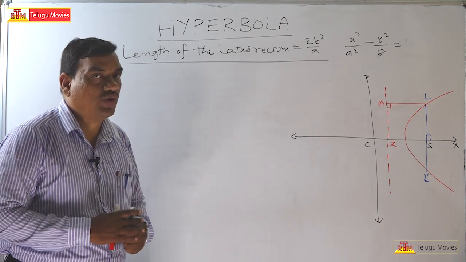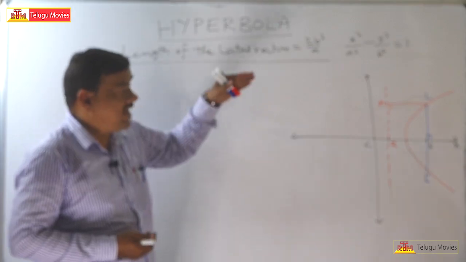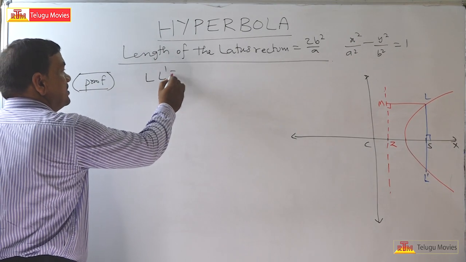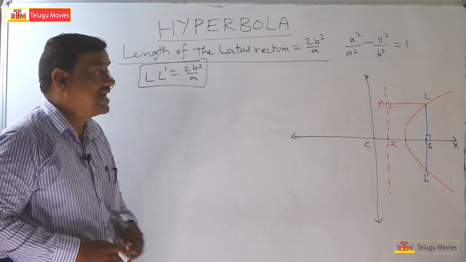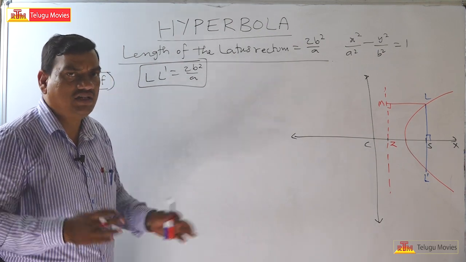Like that also you can define. Now, the length of L to L dash, we are going to prove that L L dash is equal to 2b square by a, where a is the semi-transverse axis, b is the semi-conjugate axis, that you know, right?